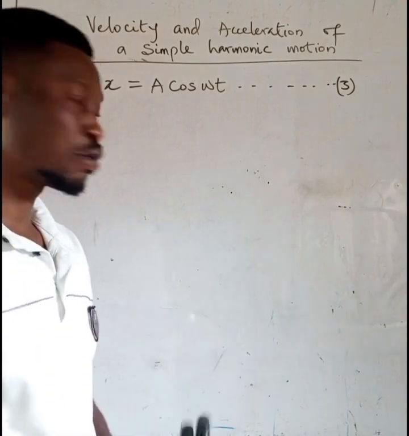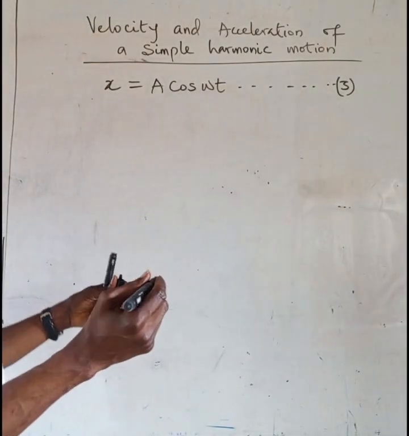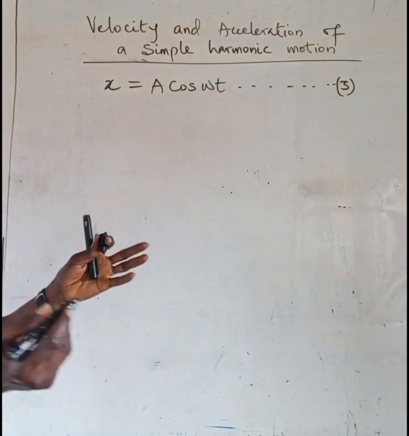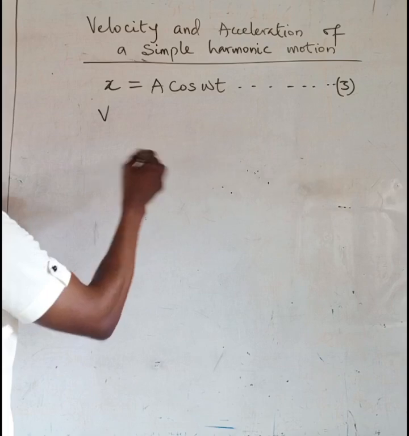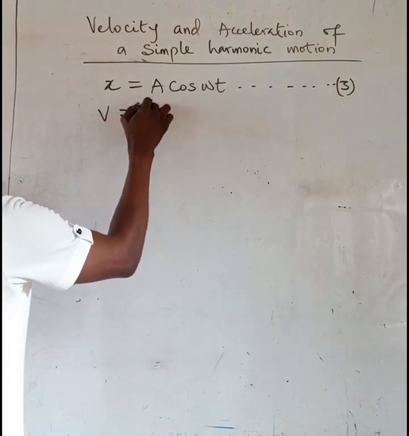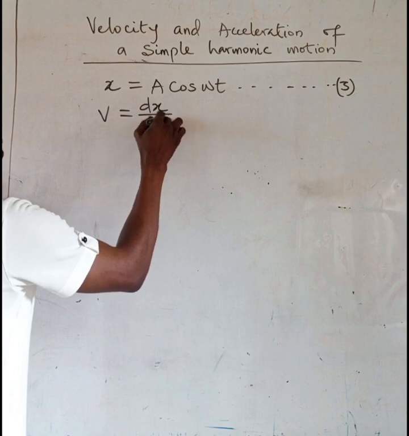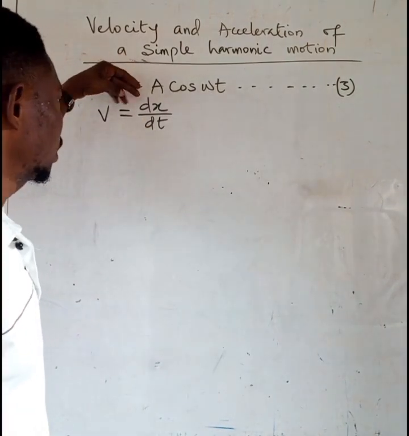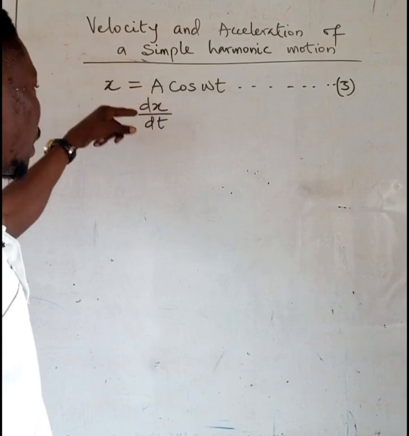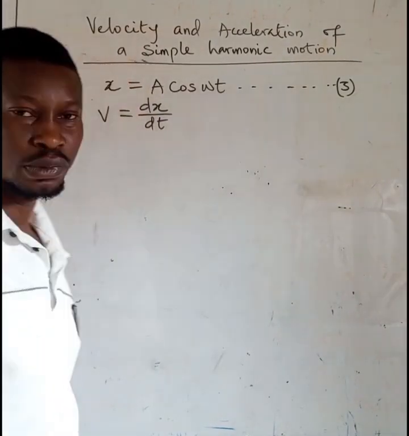So we will start with our common knowledge. Recall that velocity of a motion is equal to dx/dt. That is, velocity is simply defined as change in displacement as time changes.